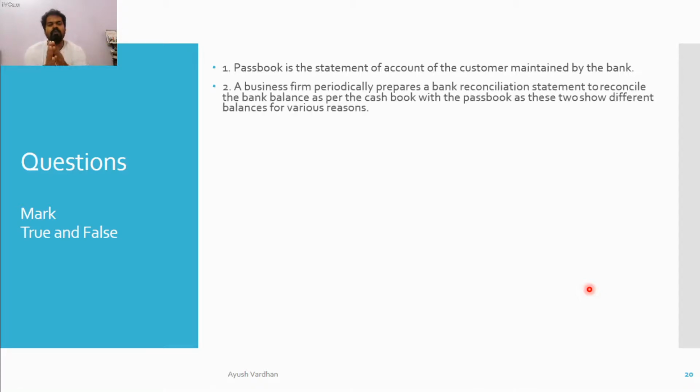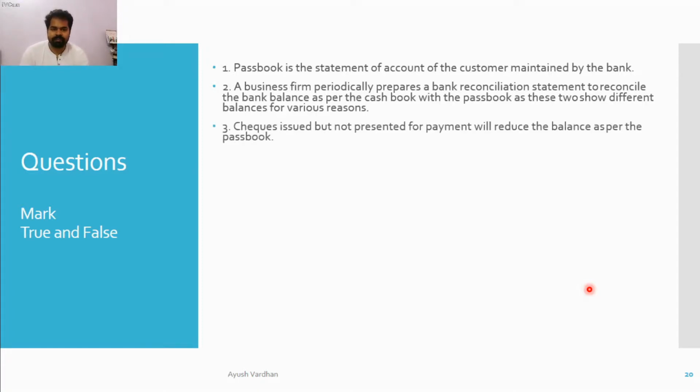Next, a business firm periodically prepares a bank reconciliation statement to reconcile the bank balance as per the cash book with the passbook, as these two show differences for various reasons. Yes, obviously there may be some differences, and we have to do a periodical BRS for that, to remove all those differences and have clarity.